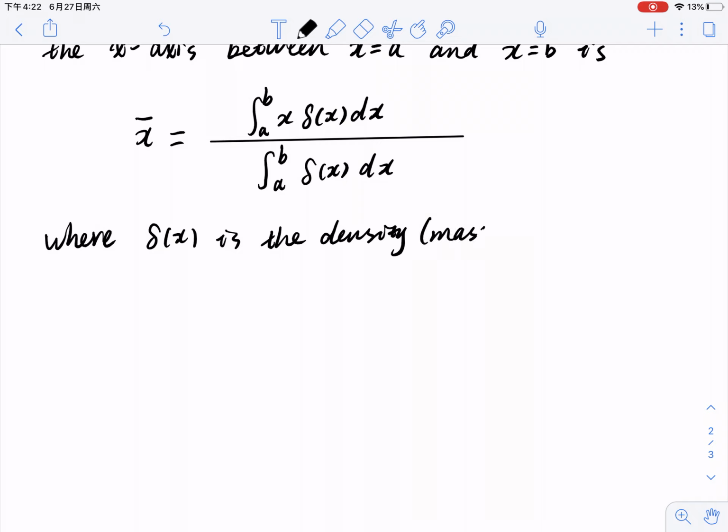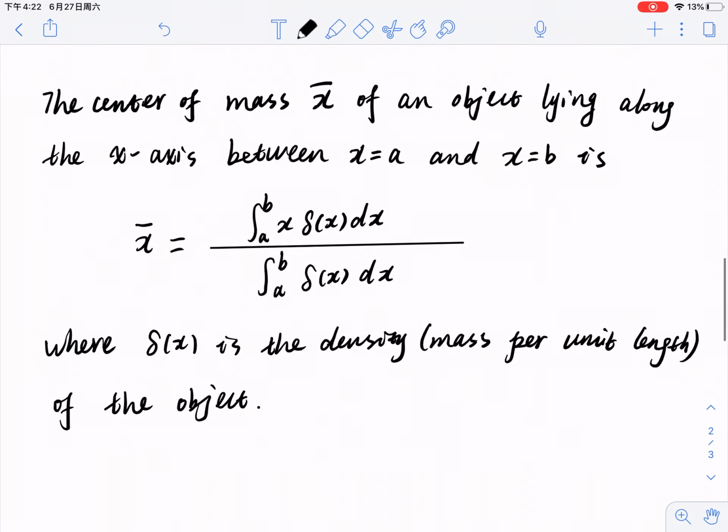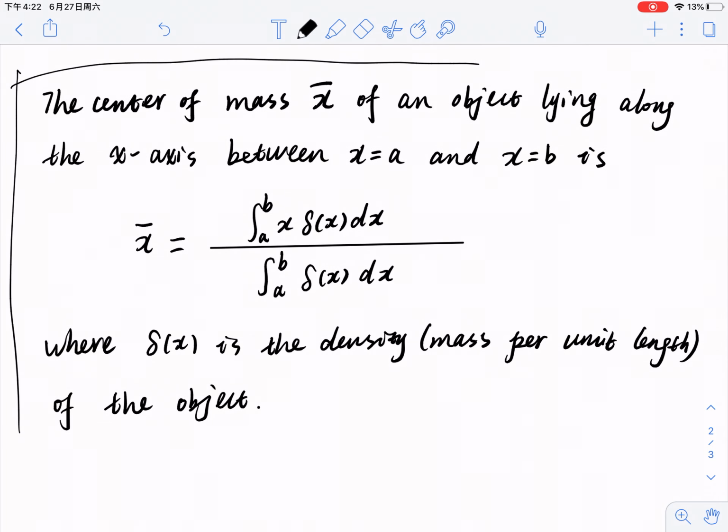Density means mass per unit length of the object. So this is the center of mass formula.